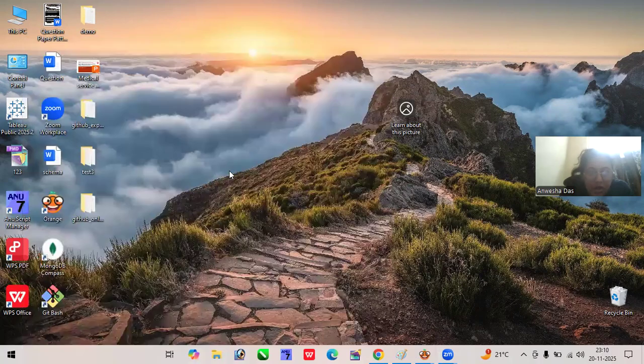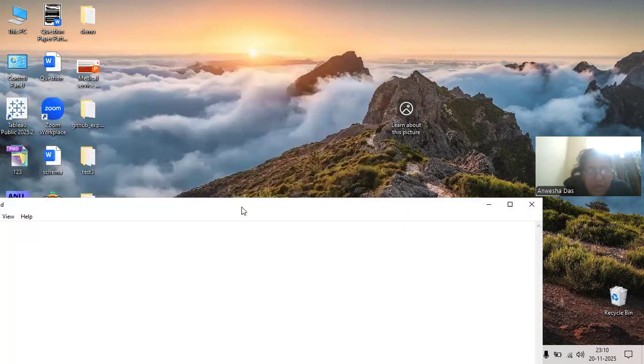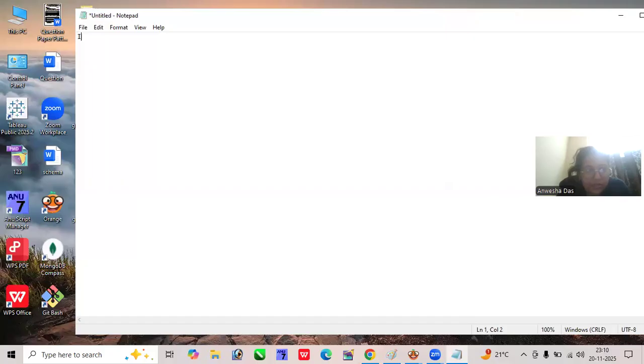So here, what I want to check is the model performance. Then I will go for a confusion matrix.